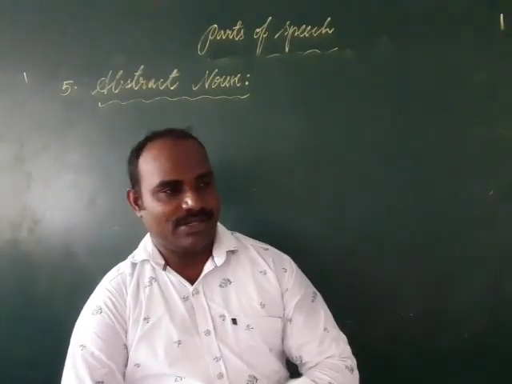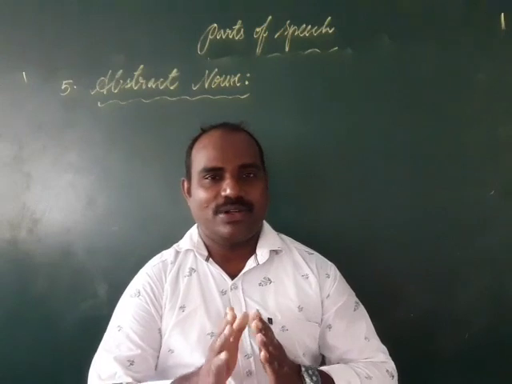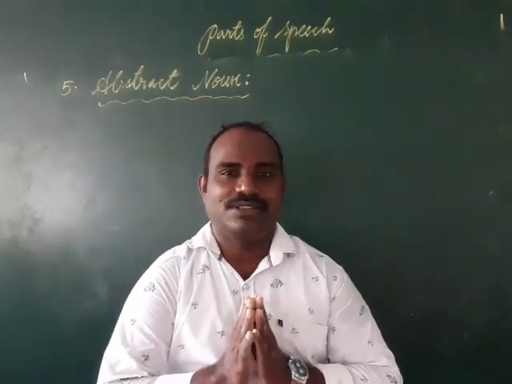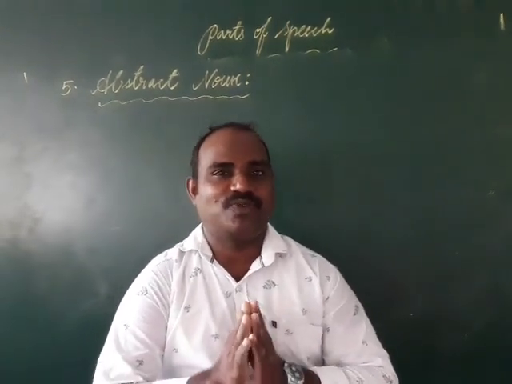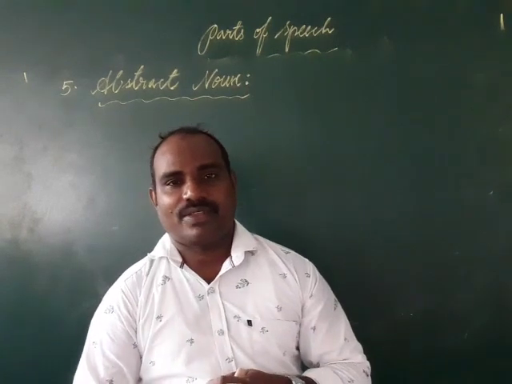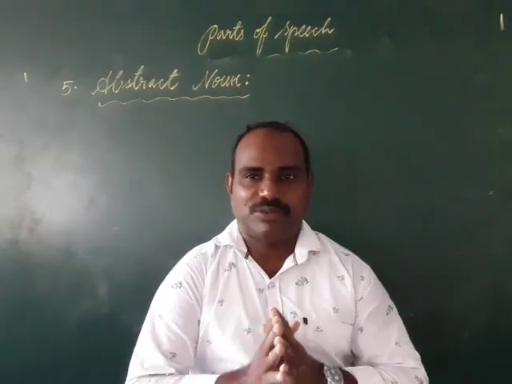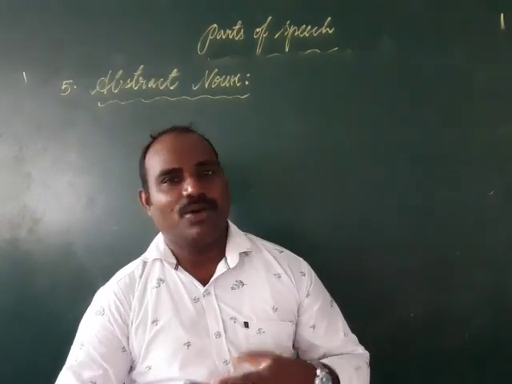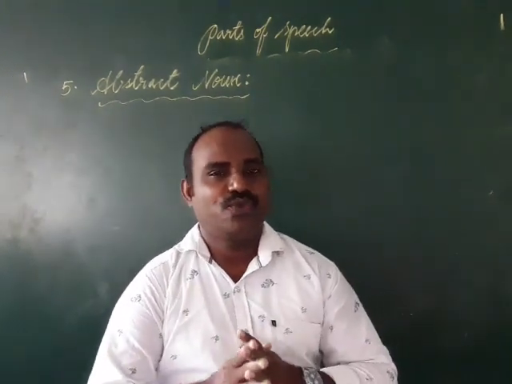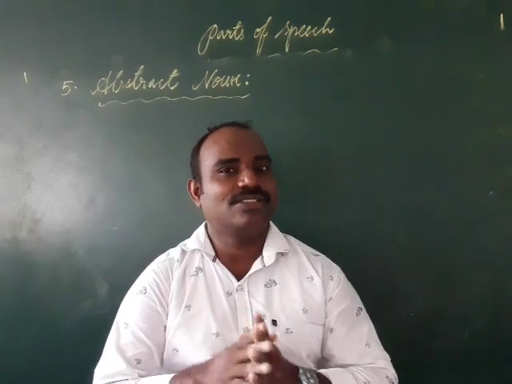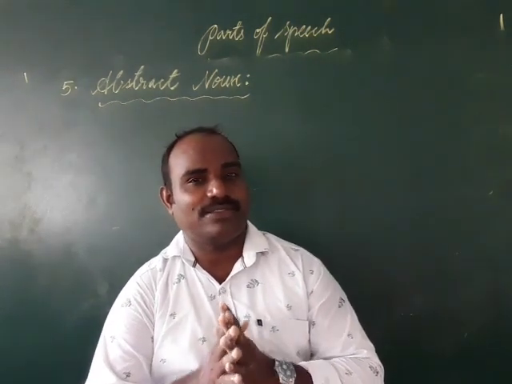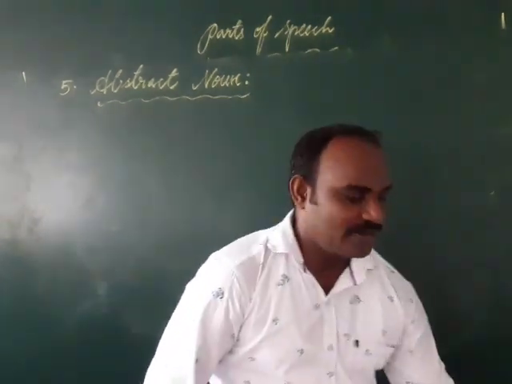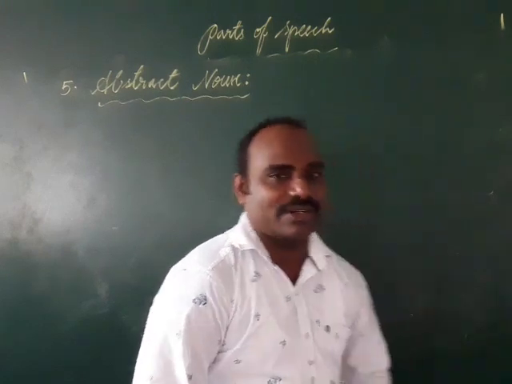An abstract noun is a word that talks about the qualities, feelings, and states of people. You understand? It is a noun that represents the feelings, qualities, and states of things, places, etc. Right? First of all, the definition.